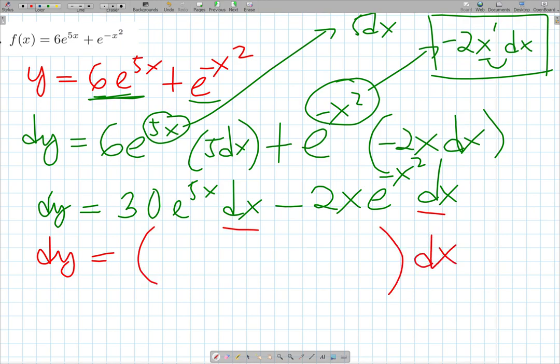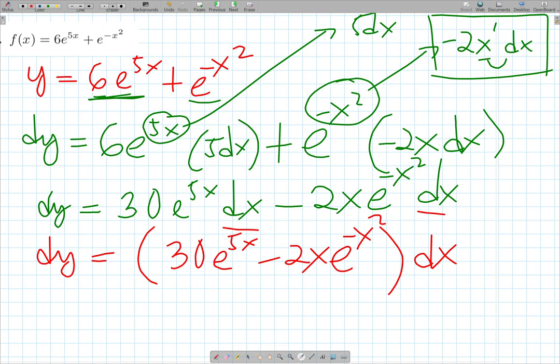So dy is equal to dx times what remains here, which is 30 e^(5x) minus 2x e^(-x²). Counter check: dx times this one is 30 e^(5x) dx, and dx times this one is negative 2x e to the power of negative x squared dx.